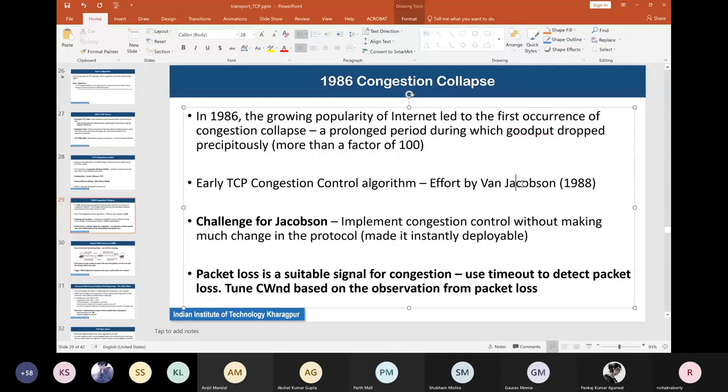Secondly, how do I know that there is congestion in the network? This is a major problem because I am not directly interacting with any other party. I am only interacting with the receiver. Try to understand the problem.